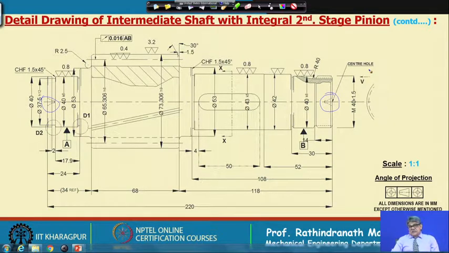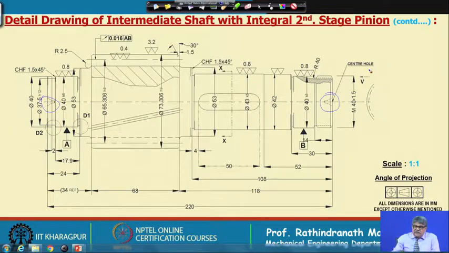So, a good designer, a good detail drawing, particularly if it is a precision industry or an aircraft industry, you will find that the designer makes a drawing, and then the manufacturing engineer modifies that drawing before handing it over to the machine man.